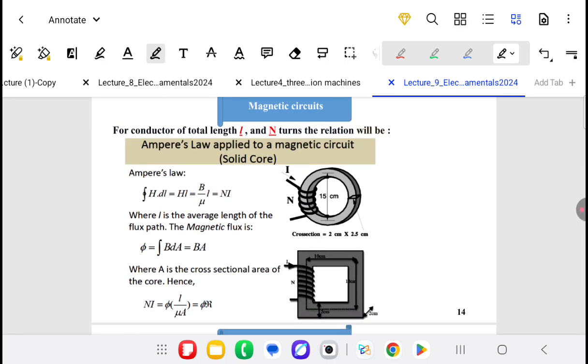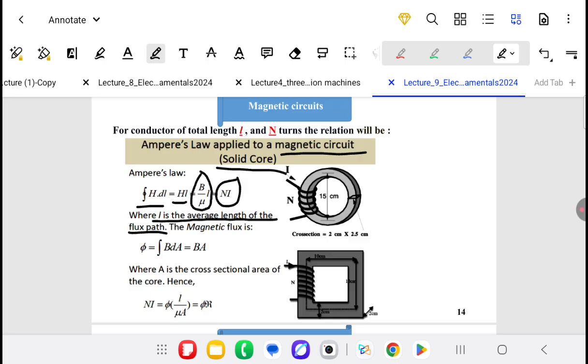Now we will see Ampere's law applied to a magnetic circuit, solid core. We have the integration of H dL over a closed path equals HL, and we can replace H by B over mu, times L, which is equal to NI. L is the average or mean magnetic path of flux.